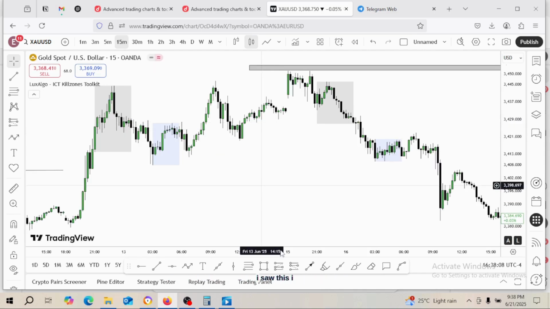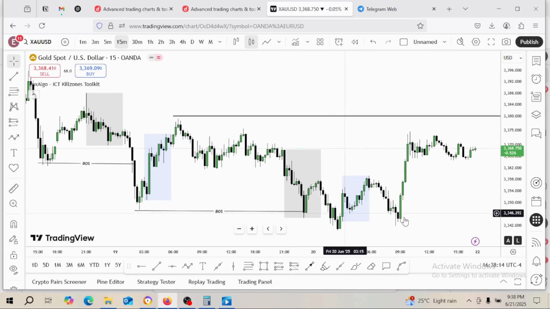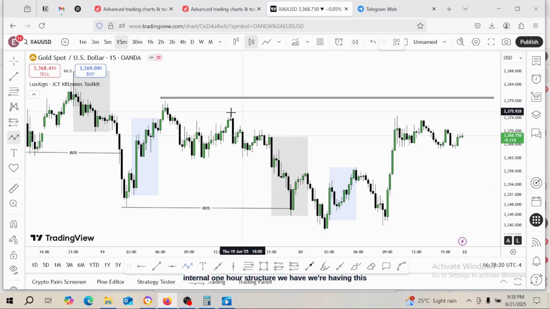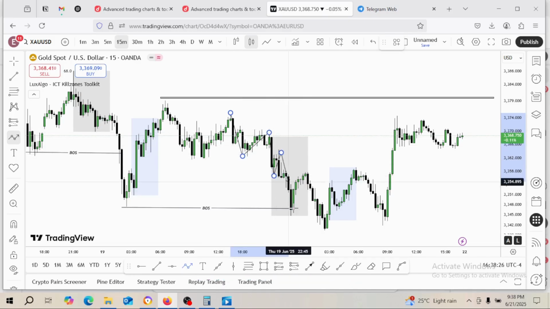I saw this structure forming, the internal 1-hour structure.